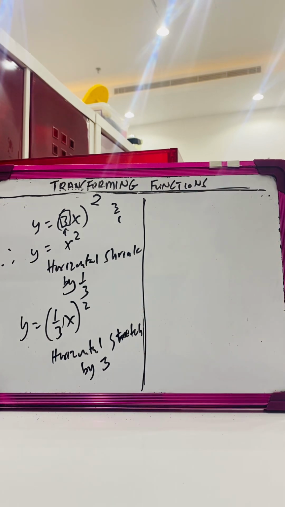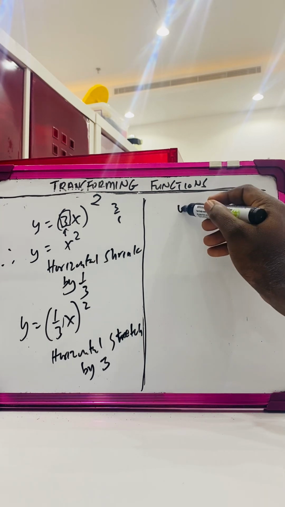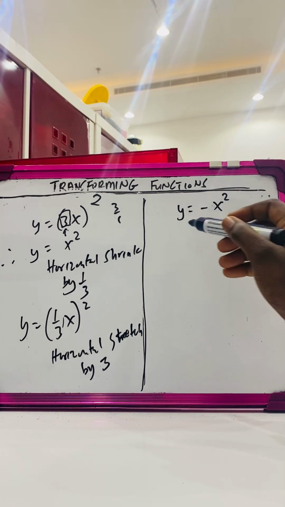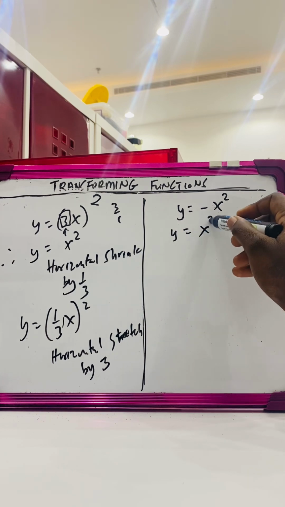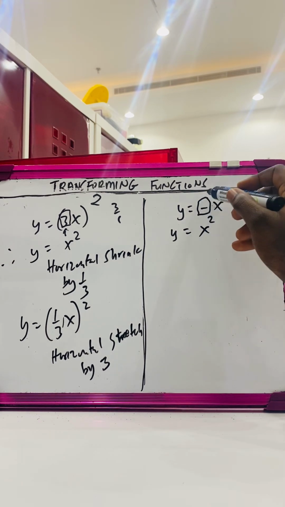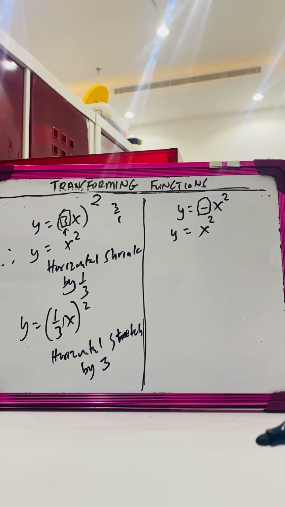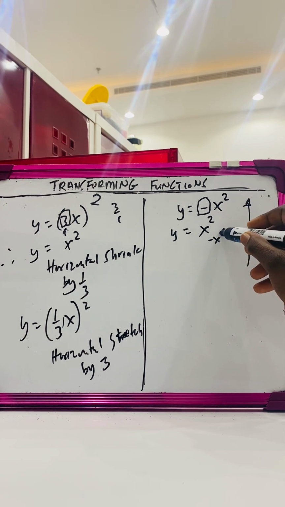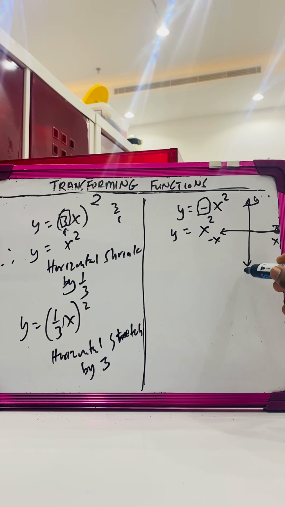For instance, if I have, let's say, y is negative x squared. Comparing this to the parent function y is x squared, the only change is this. What this means is every y value will now be having a negative value. So if this is my coordinate plane, this is x, this is my negative x, this is y, this is negative y.